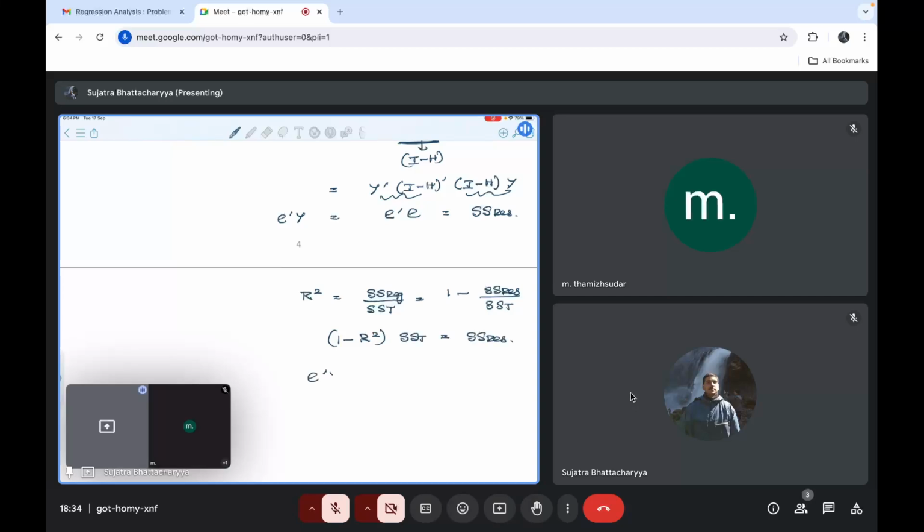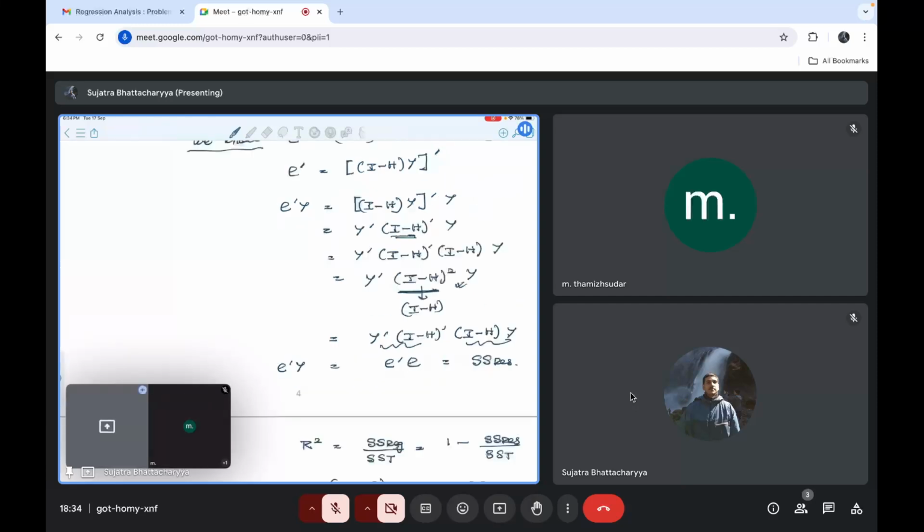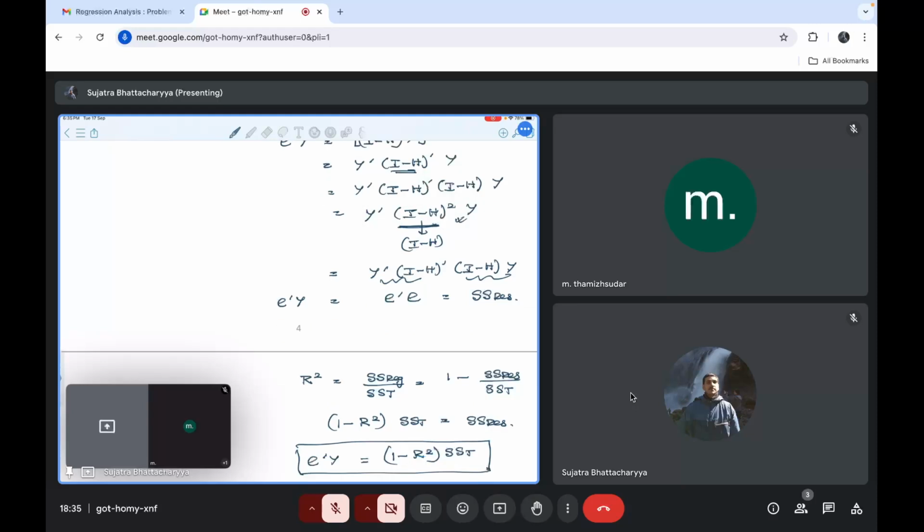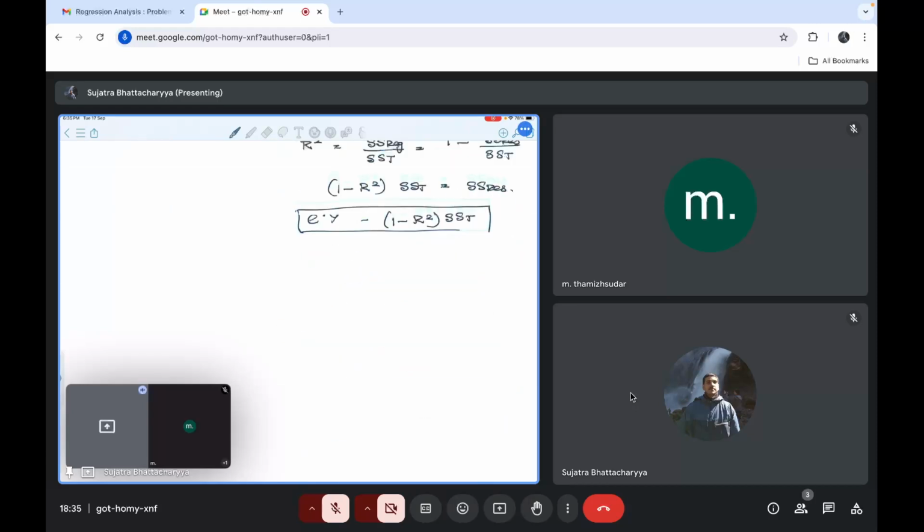Therefore, e transpose y is 1 minus R square into SS total. That's all. Only one step is important here, that I can multiply I minus H in the middle because of this property.